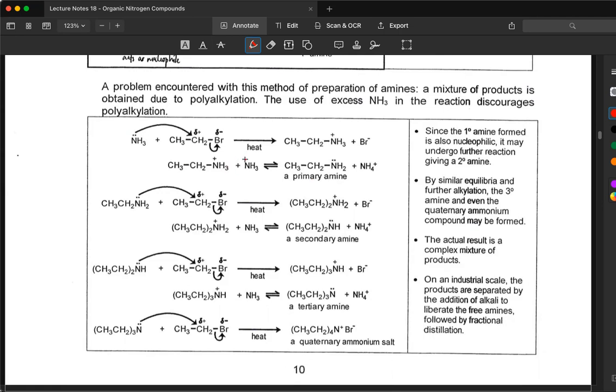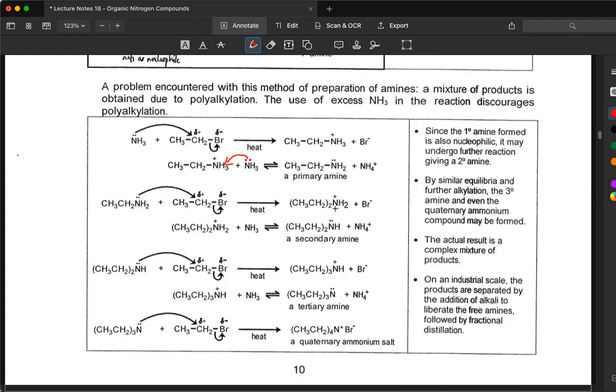So this one would remove the H to form NH4+. So this primary amine becomes a nucleophile and attacks the halogenoalkane.